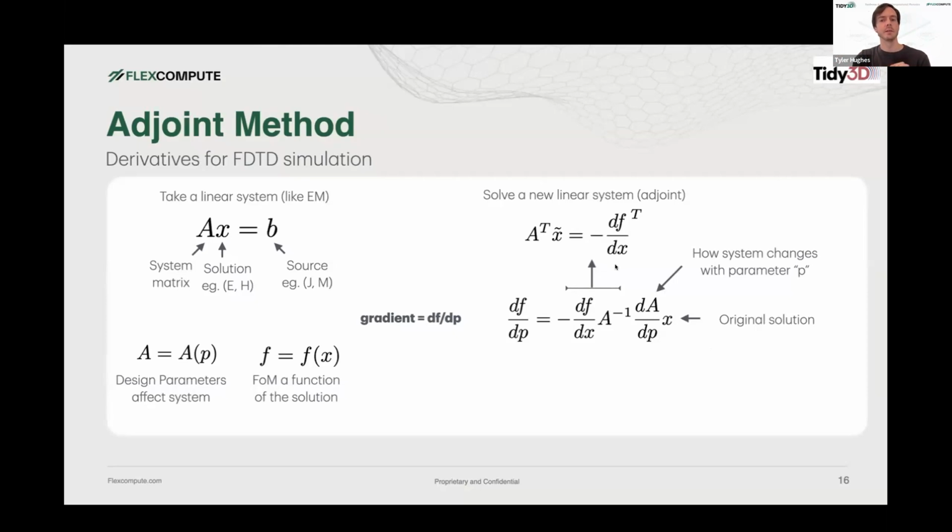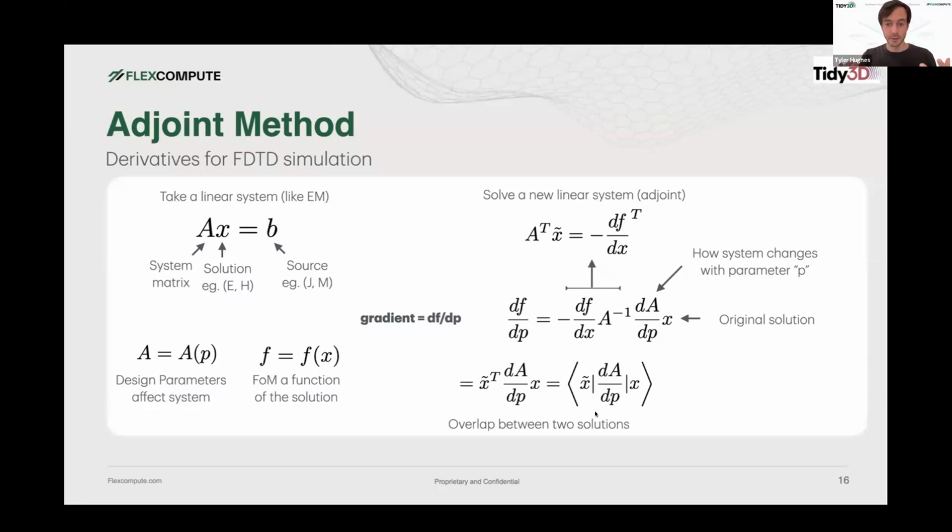I'll explain a bit more of the intuition behind this, but this is known as the adjoint source, and this entire thing is known as the adjoint simulation. So to solve the derivative, you set up and solve this adjoint problem. You get this x tilde, and then to compute the gradient with respect to some parameter p, you simply take this inner product between the adjoint and the forward solutions over the change in p.